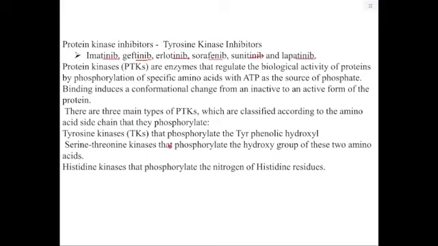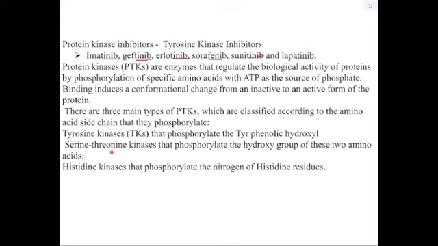The tyrosine kinases are those that phosphorylate the tyrosine phenolic hydroxyl group. There are three main types of protein kinases, which are classified according to the amino acid site that they may phosphorylate. We have the tyrosine kinases, which phosphorylate the tyrosine phenolic hydroxyl group.